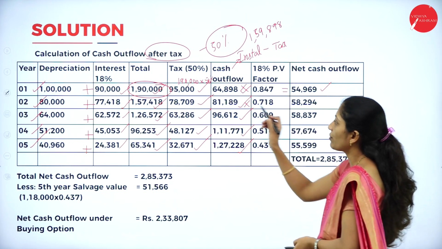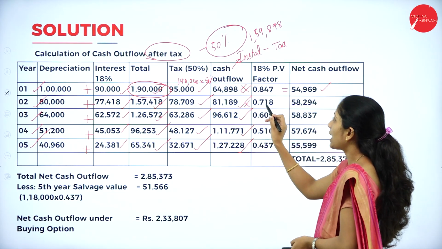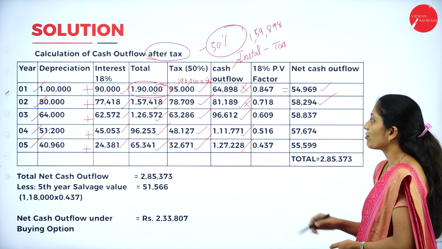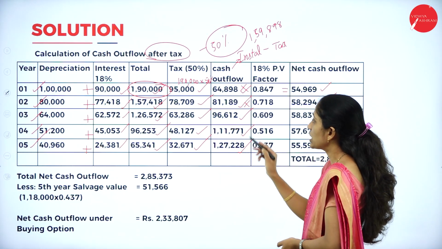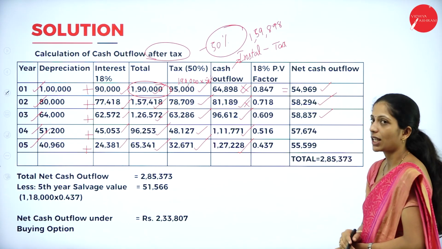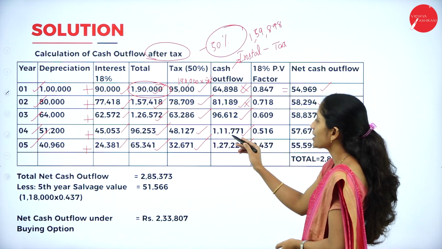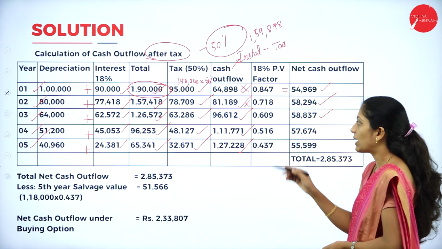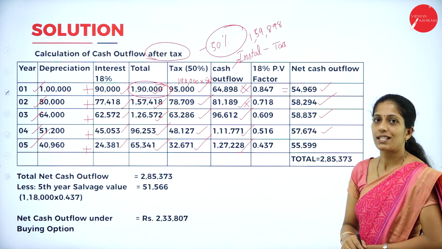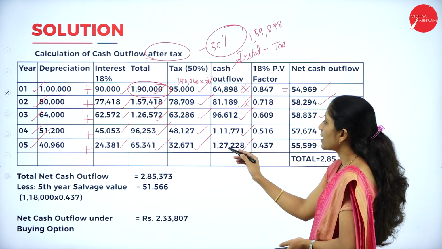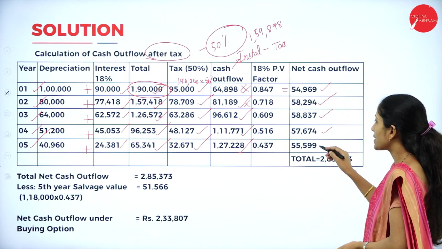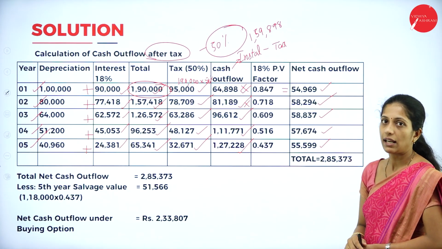54,969. In the same way for second year, 81,189 into 0.718. So we'll get 58,294, and the next one is 96,612 into 0.609 will get 58,837, and the next year is 1,11,771 into 0.516 will get 57,674, and the last year is 1,27,228 into 0.437 will get 55,599.